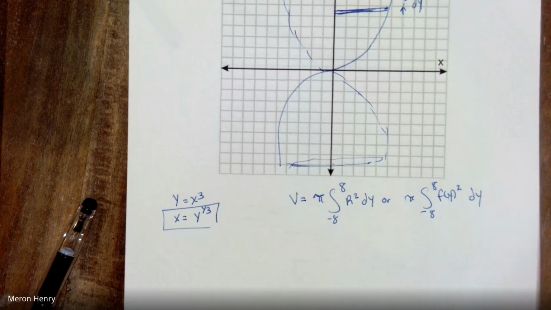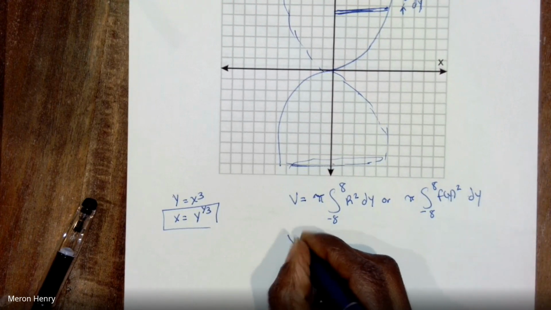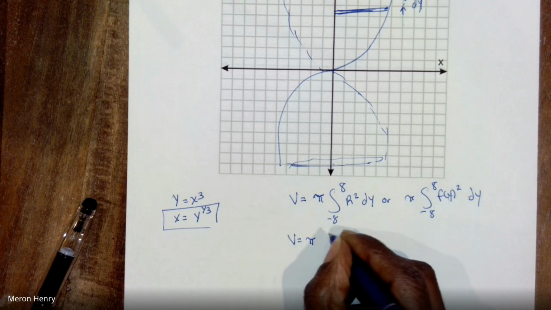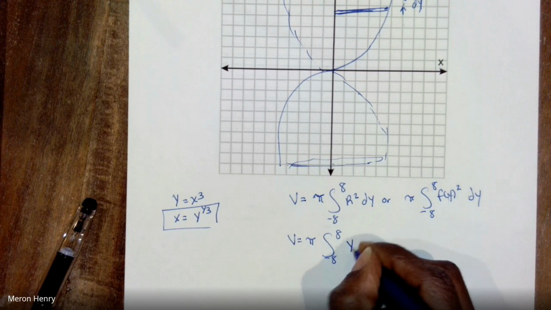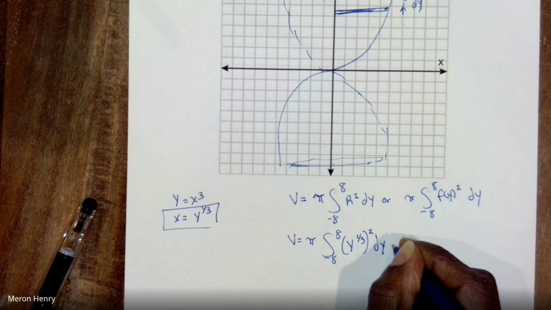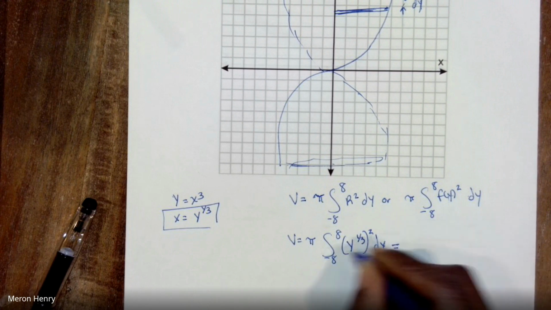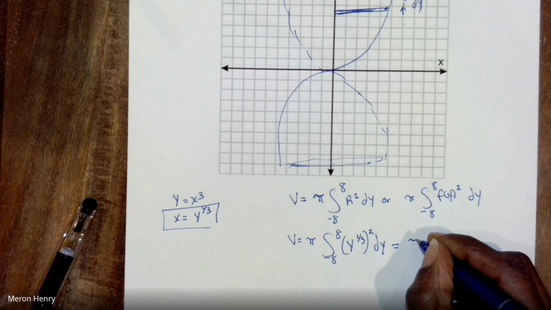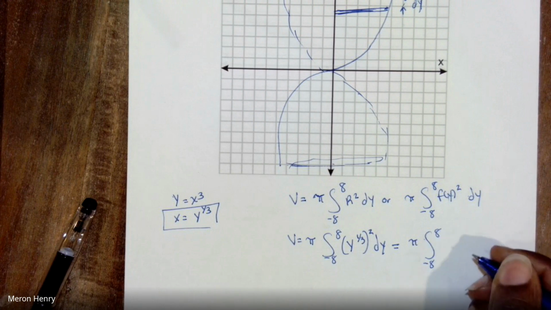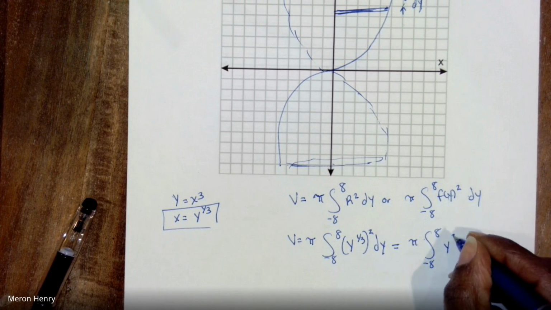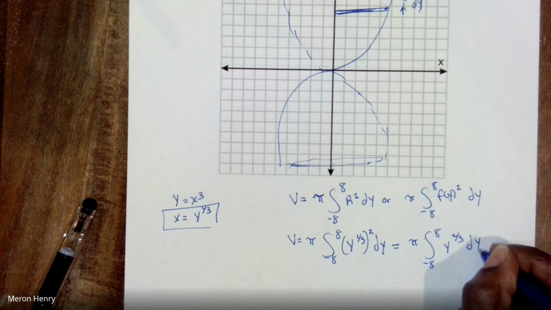Okay. So when we plug in, our volume is going to be pi integral from -8 to 8 of y to the 1/3 squared dy. And I'm just going to simplify this a little bit: pi integral from -8 to 8 of y to the 2/3 dy.